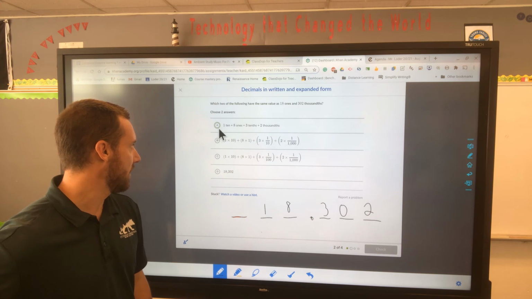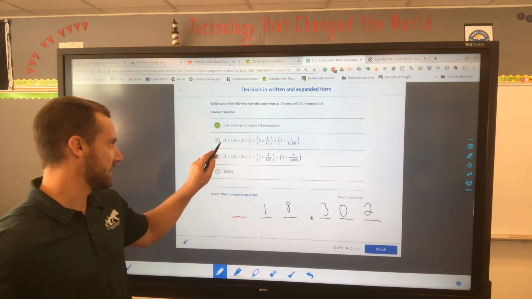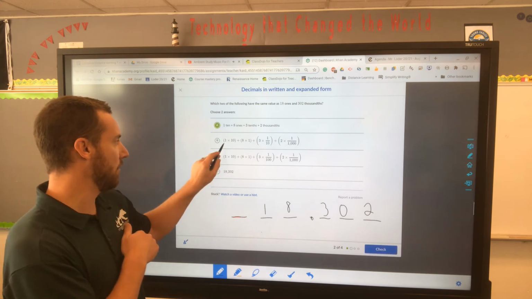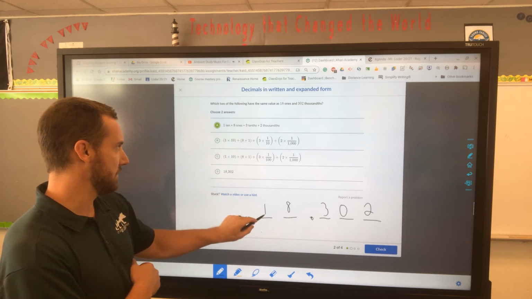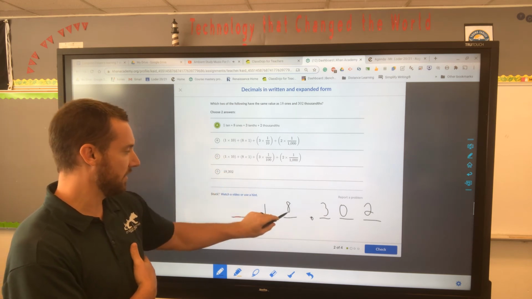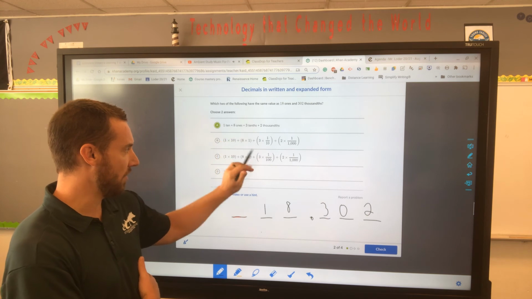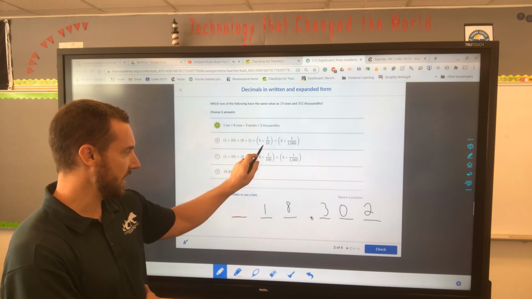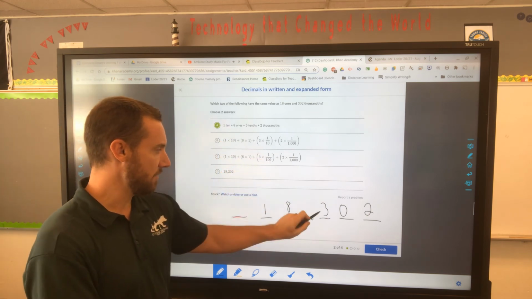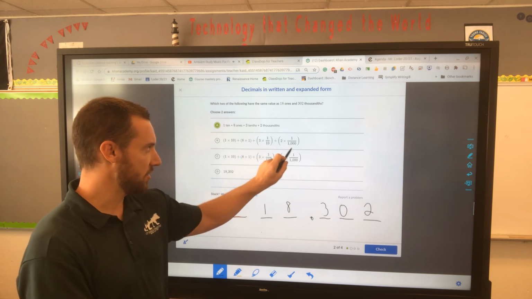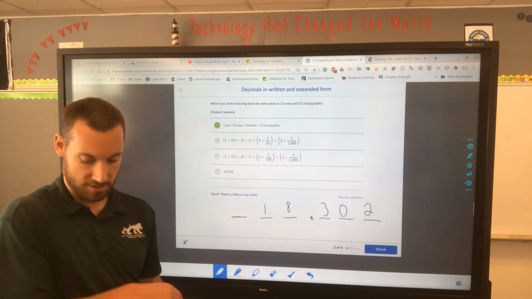All right, and then let's see what this next one is. It says 1 times 10, 8 times 1, so it looks good so far. 3 times 1/10, yep, that looks good. And 2 in the thousandths, so that one looks good.